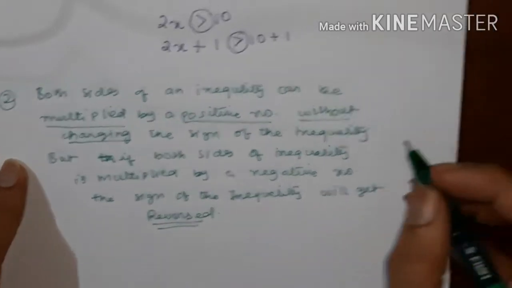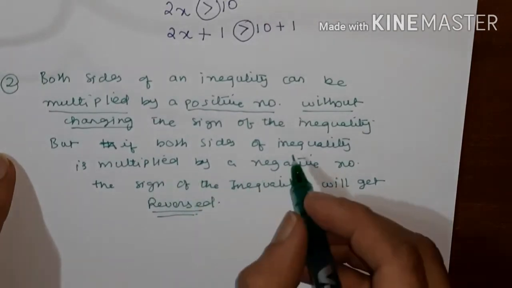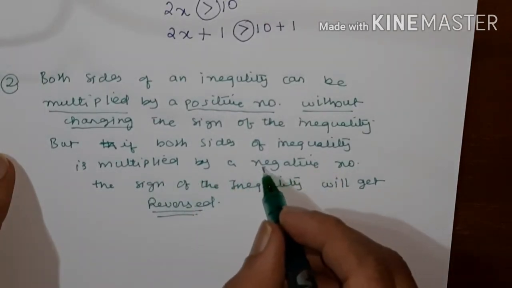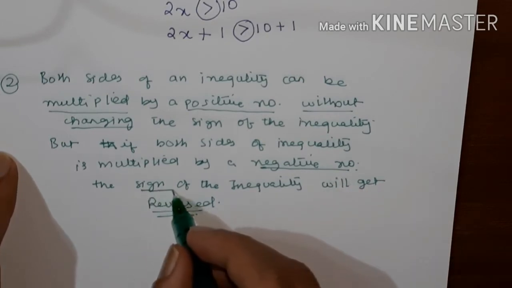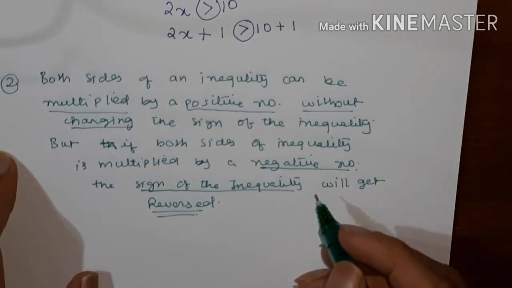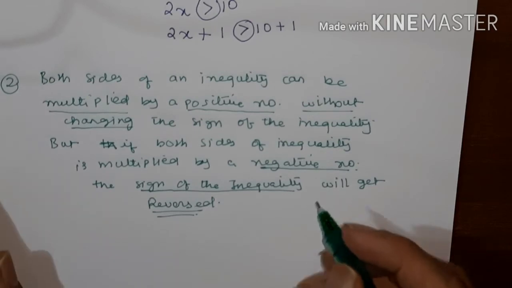So if we multiply both sides of the inequality by a negative number, the sign of the inequality will get reversed.